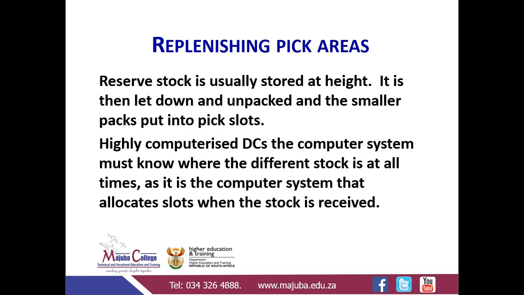In a highly computerized DC, our systems will know which ones are reserve slots and which ones are pick slots. The computer system must know where the different stock is at all times, and it allocates the slot when the stock is received. Like I explained in our previous lessons, a highly computerized distribution center knows exactly where we are supposed to pack our stock when we receive it from suppliers, because it knows the different methods we are using.